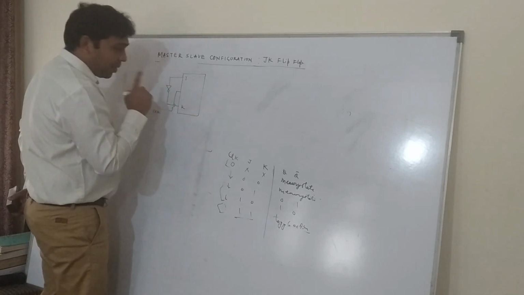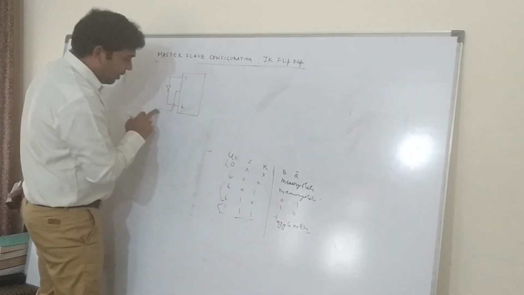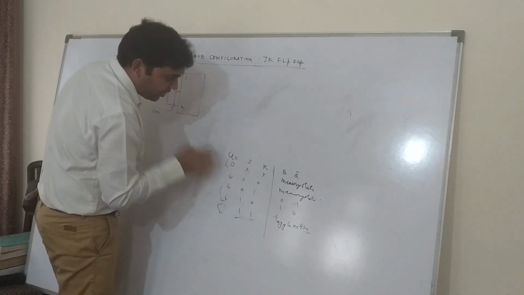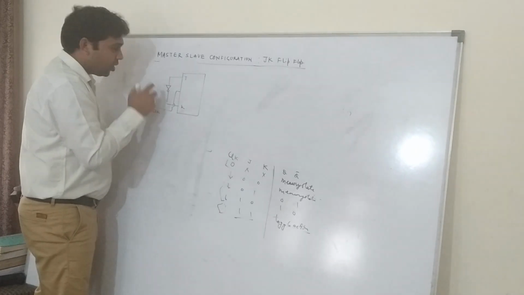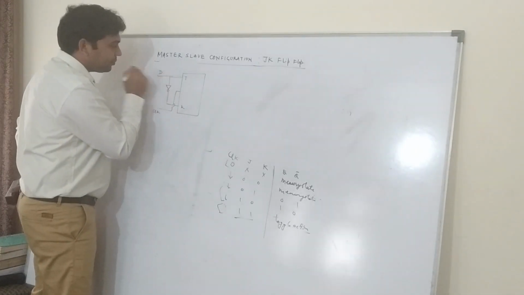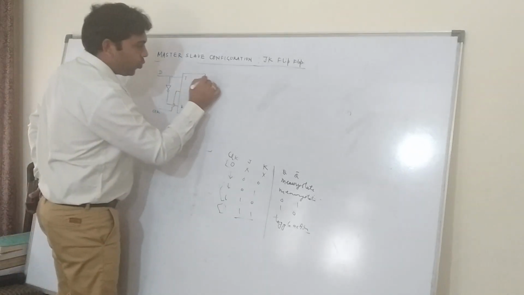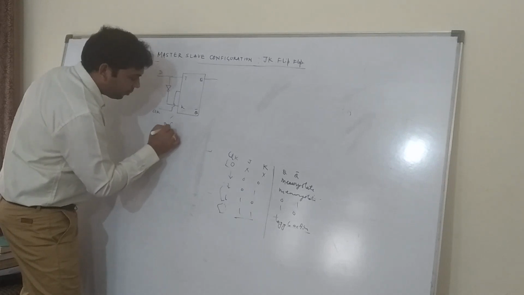Since for memory applications you require only these two rows, and for these two rows J and K are always complements of each other, we can tie up J and K with an inverter, and we can call it D, and you have Q and Q bar. This is known as a D flip flop.